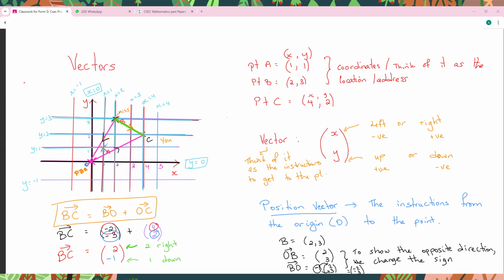So from my house, I just have to move 2 places to the right, 1, 2, and 1 place down, 1, to get to your house. So it's like you gave me the long way around in order to find the shortcuts.